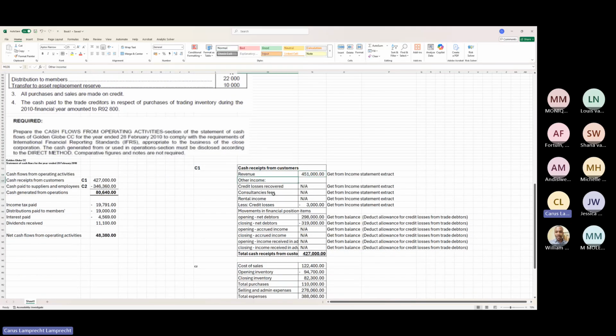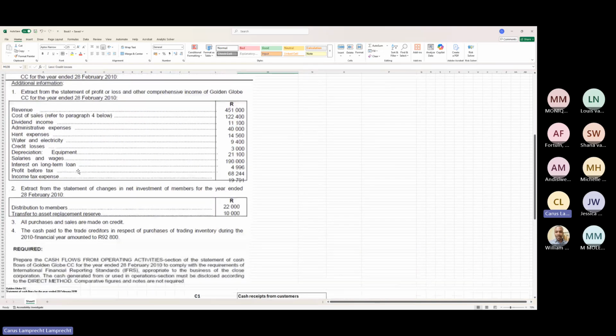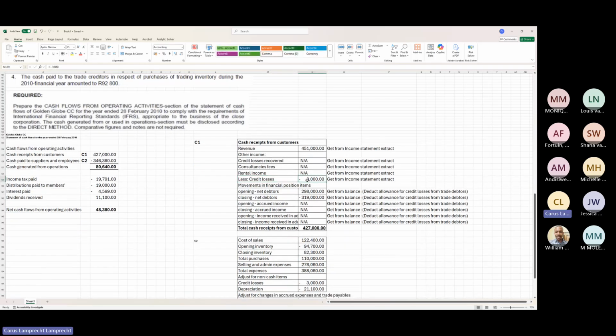Other income is not applicable here, but typically if you see it, you add it. For credit losses, you'll see it in your extract for the profit and loss, which is the 3,000, and you deduct it. Then you move on to the movements in financial position items relating to income: your debtors, accrued income, and income received in advance.